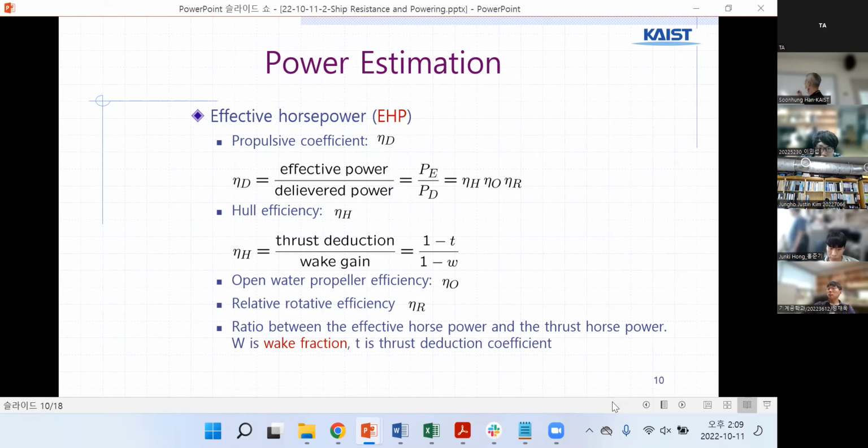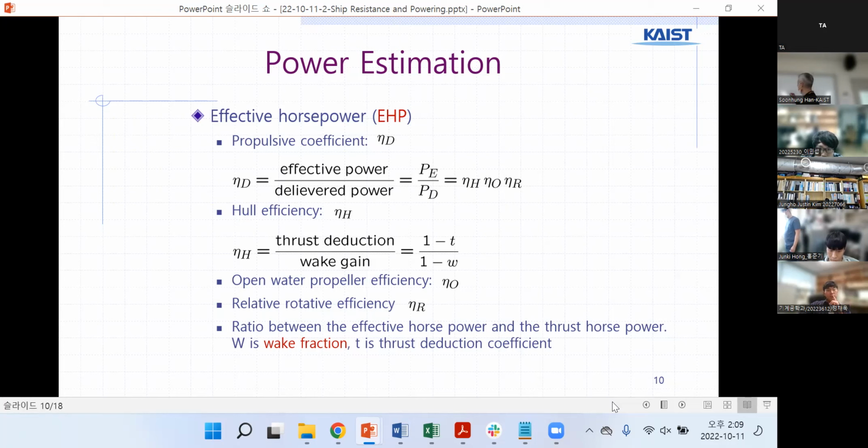But because the ship is narrow at the end, water is going in this direction, not a straight line. That's why the speed around the propeller is different.